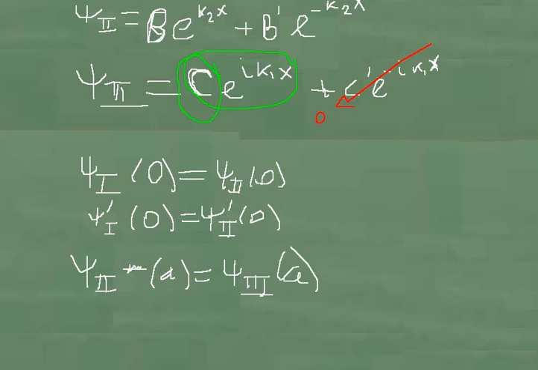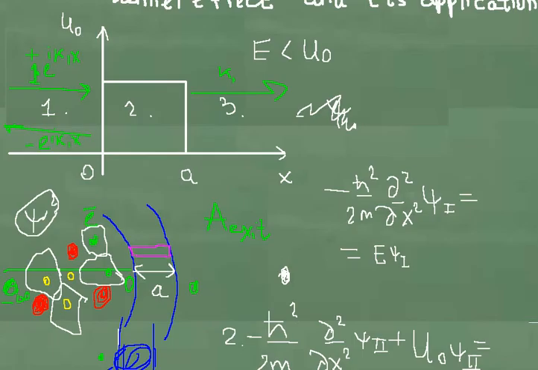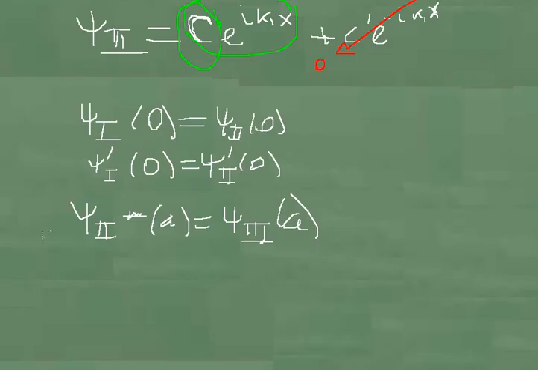It means that the function in area 2 converts to the function in area 3, and there are no difficulties at the boundary. Okay, and the resulting derivatives are the same.